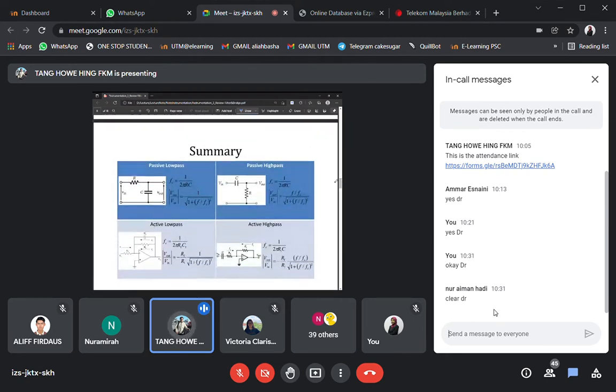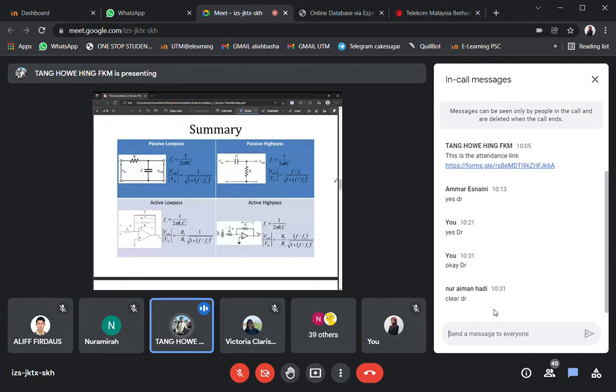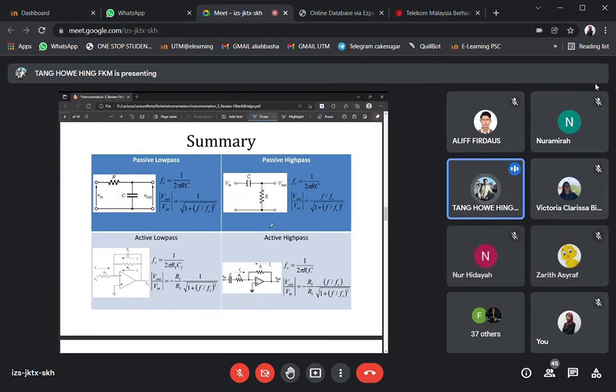All right. So here it lists out the summaries for all the passive and active low pass and high pass filters: the circuits, the cutoff frequency functions, and also the transfer functions. You can see that they are all exactly the same. The only difference is that the active low pass uses RF, and the active high pass uses R1 and C. The passive is multiplied by a gain of 1, whereas the active has a gain of RF over R1.